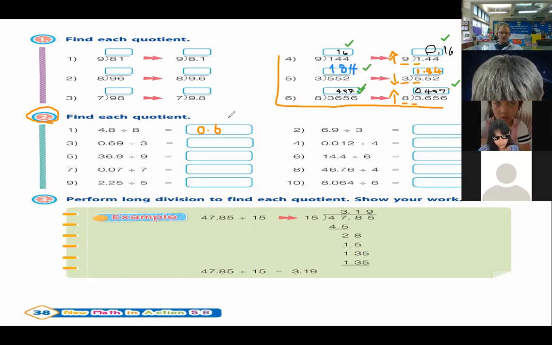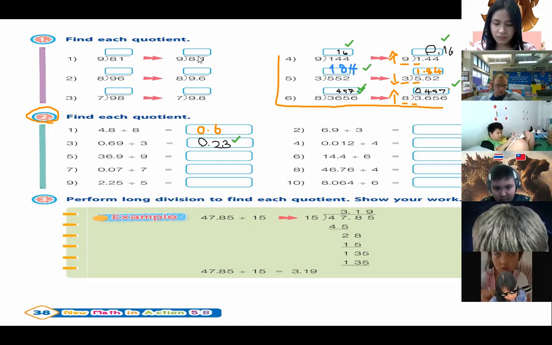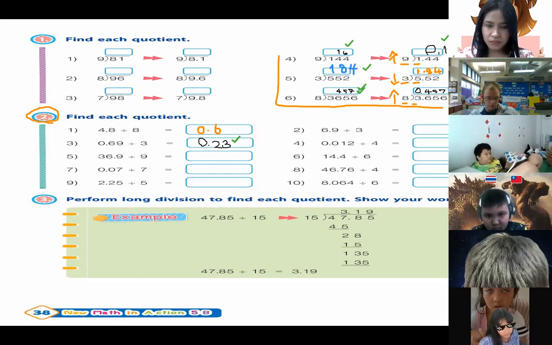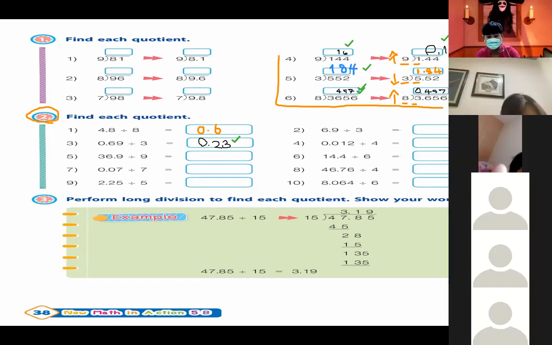If you have an answer of any of them, please write it on the board so I can have a look. So Kanapun, very good, excellent. Please do it in your books.